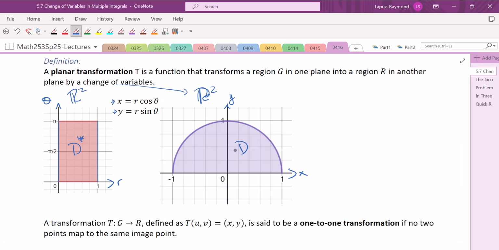So this transformation takes a rectangle into a semicircle, and when we backtrack that to r and theta, your limits become r going from 0 to 1 and theta going from 0 to pi, right?